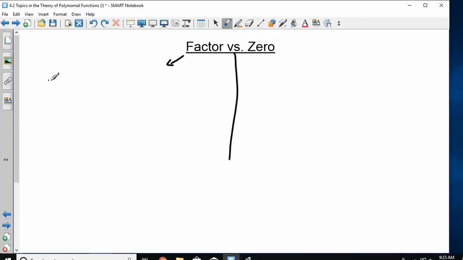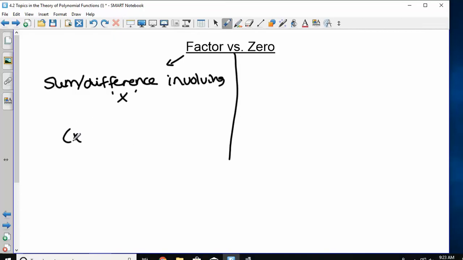So a factor is a sum or difference involving x. So factors are things like x plus 3, x minus 5, x plus 1, x minus 4. Those are factors. It's x plus or minus a number.